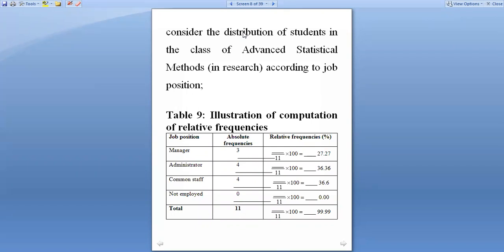For example, I have told you that in interpreting frequency counts, we can point out the category with the highest frequency and probably the category with the lowest frequency, and then give the implications. What do those results imply?